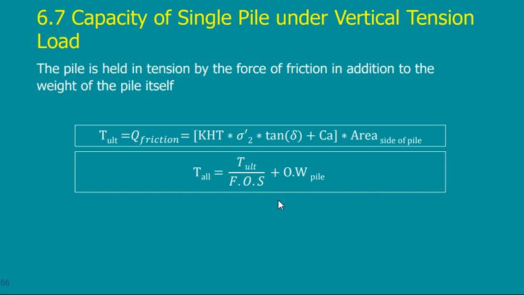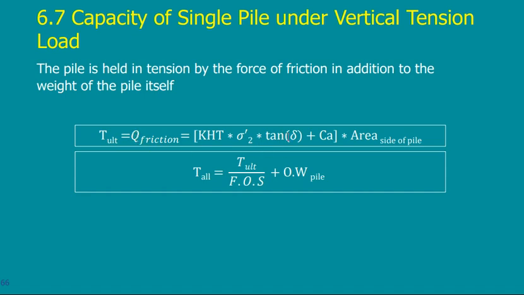The friction has a different factor of safety, and the relation between the allowable and the ultimate loads. But if you think of it, it's nothing. They are trivial things to think of. So in this case, T ultimate, which is the ultimate tension load, is only the load due to friction.